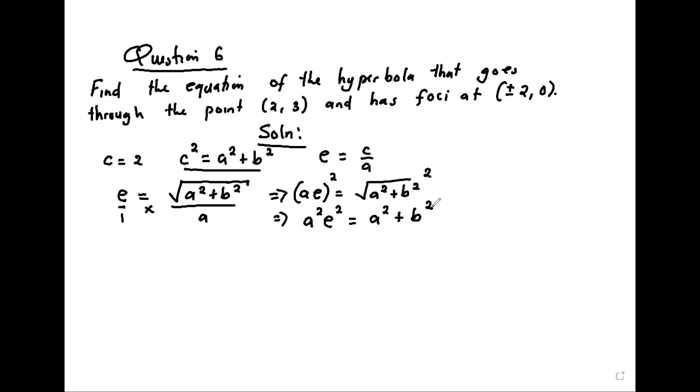If we go back to this one, remember it was directly e is equal to c over a. If I cross multiply again, I get a times e equal to c.